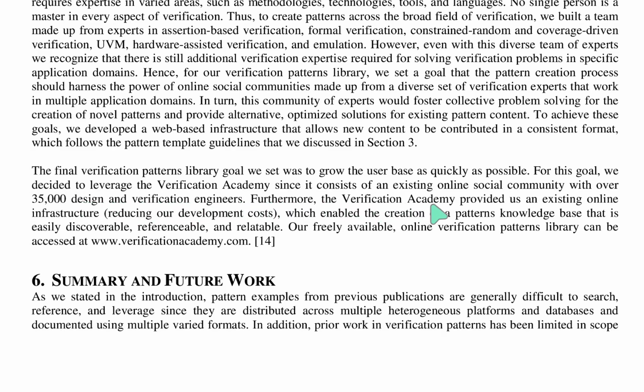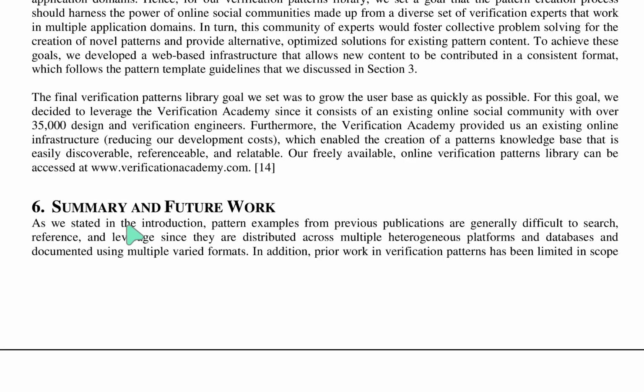Furthermore, the Verification Academy provided us an existing online infrastructure, reducing our development costs, which enabled the creation of a knowledge base that is easily discoverable, referenceable, and relatable, so that our freely available online verification pattern library can be accessed at verificationacademy.com.